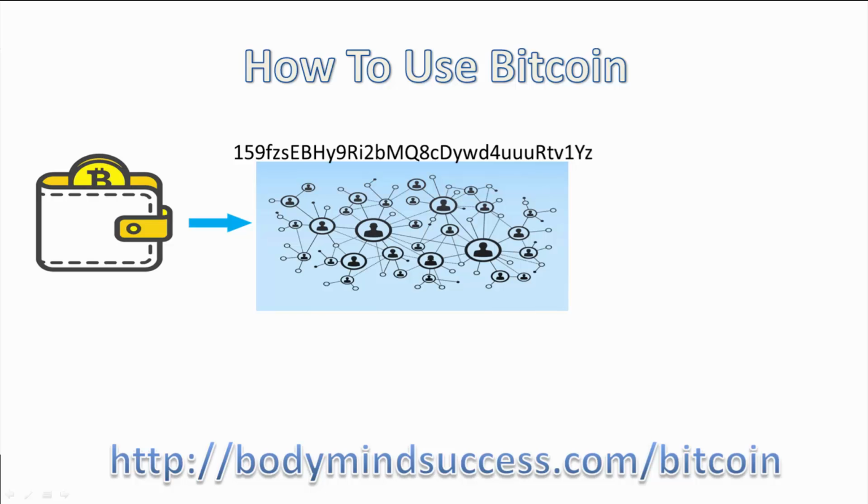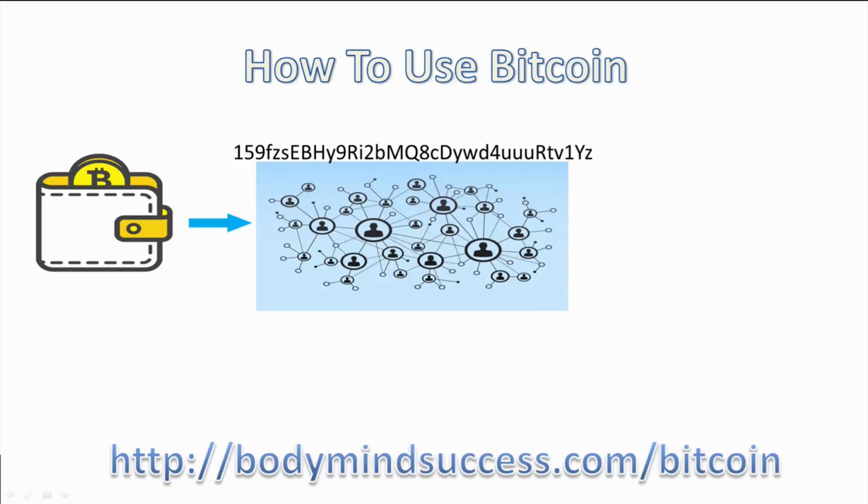Now, when you send Bitcoin to that specific address, it needs to go through a network of computers. This is an encrypted message where they have to mathematically solve some puzzle in order to have the right to verify that transaction. That process is called mining. Not that it's important right now, but it's basically called mining.